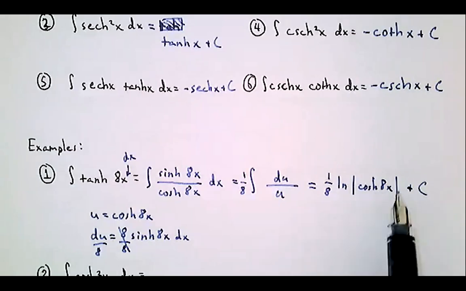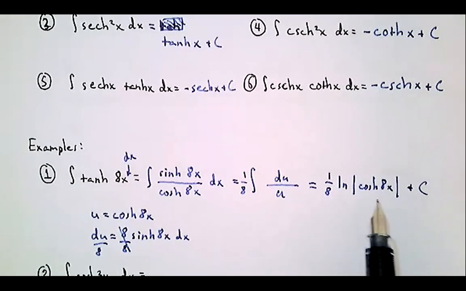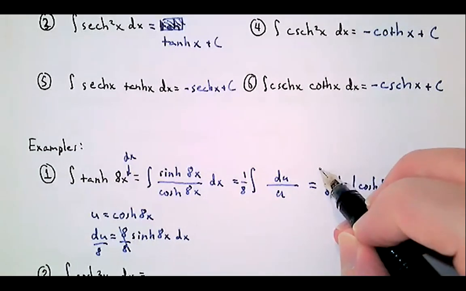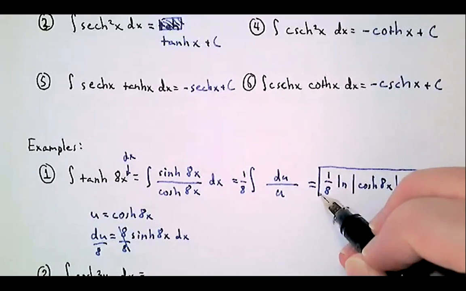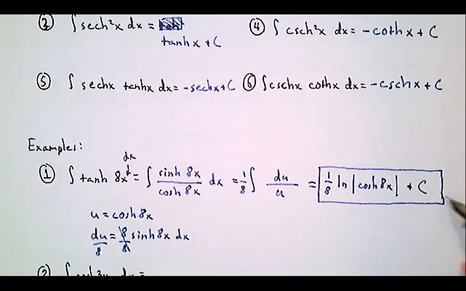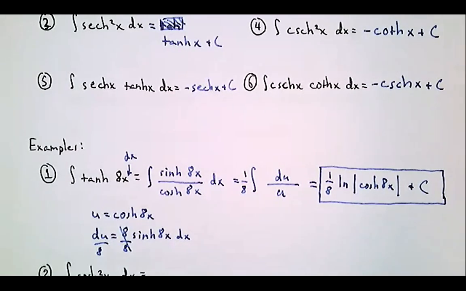And remember, these absolute values need to be there because we can't take natural logarithms of negative numbers. That's essentially the reason. Any questions over that first integral example?